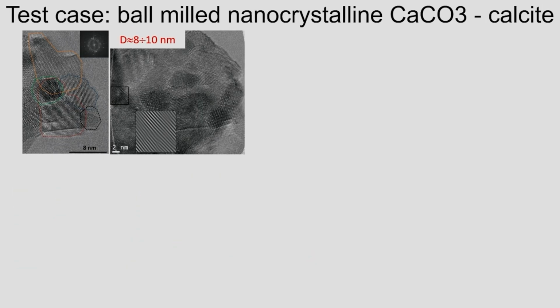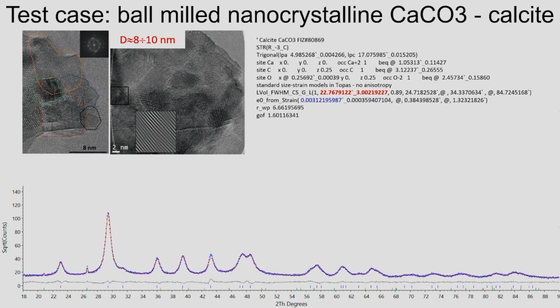This is another sample, which is calcite. If you grind the calcite in the right way, it is still calcite, doesn't phase transform, and goes down to more or less the same size, 10 nanometers, with evident dislocations as well. So it's more or less like before, but it's not a cubic material, so it's more complex. Now, again, this is the fitting.